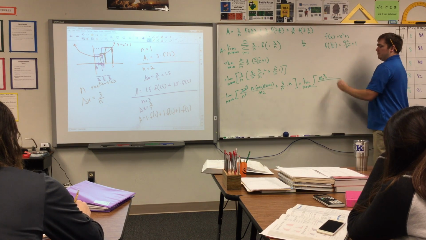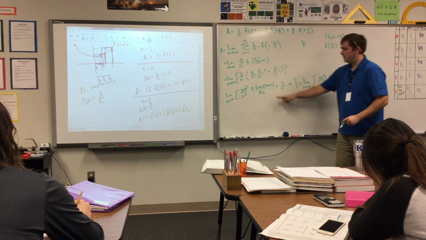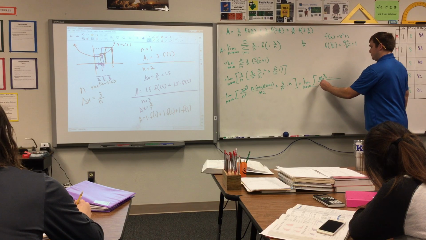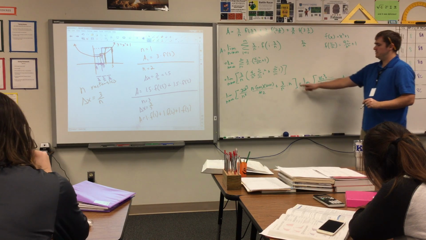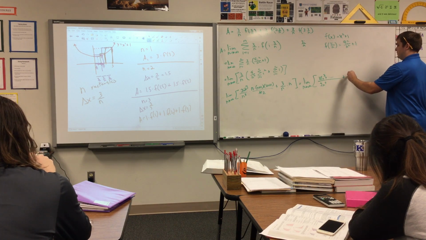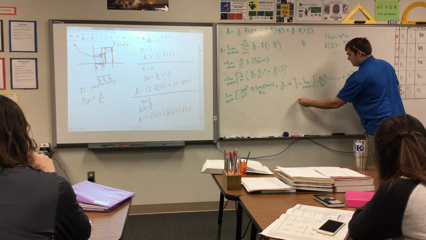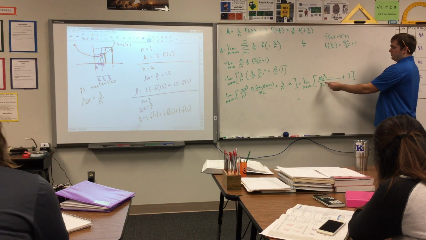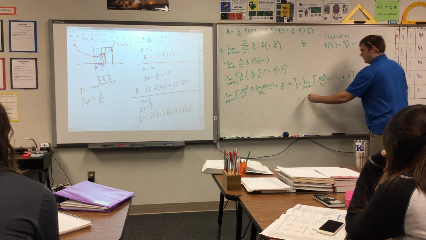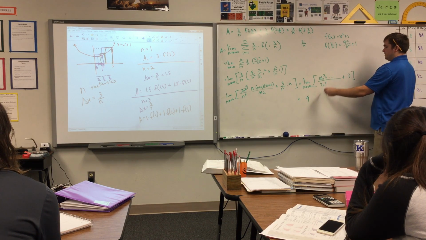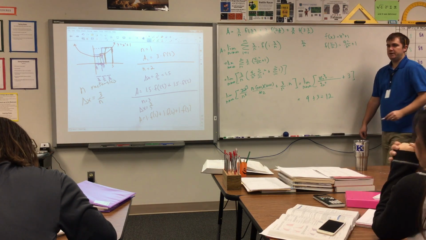Technically it's going to be plus blah blah blah, but I hate foiling. If I can avoid it, I will. Over 2n cubed plus those n's cancel and I just have 3. And then if we look here, numerator versus denominator, turns out to be a tie. You end up with 18 over 2, so 9 plus 3, the answer is 12. Area there is 12.